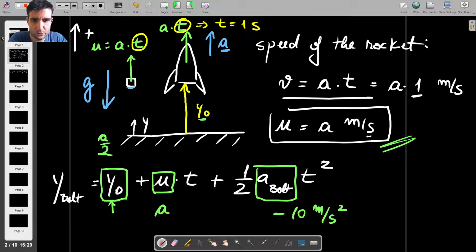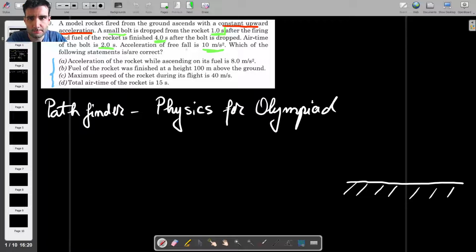And another thing we know is this time and this time, which are the same thing basically. But we know what that is because it says the bolt is dropped 1 second after the firing of the rocket, but more importantly, the air time of the bolt is 2 seconds. Okay, so the amount of time the bolt spends in air is 2 seconds.